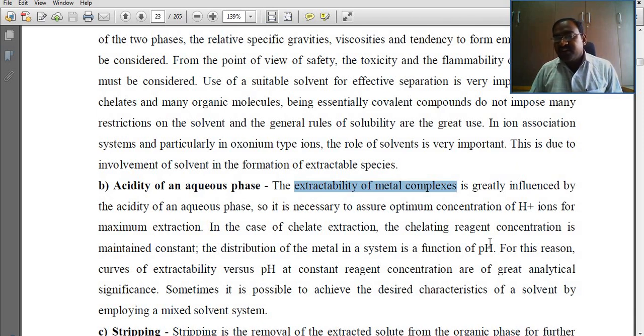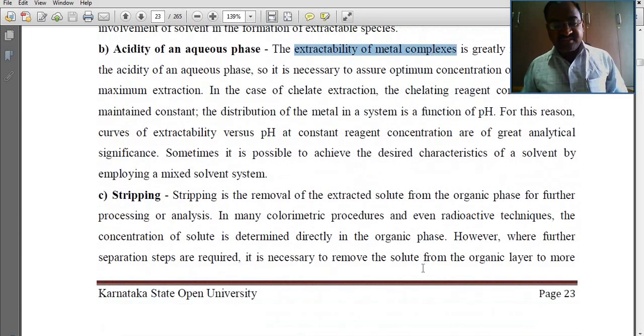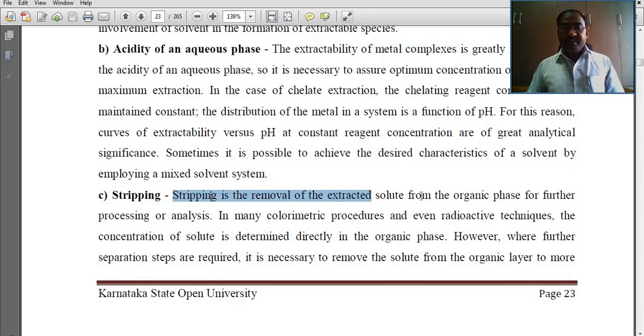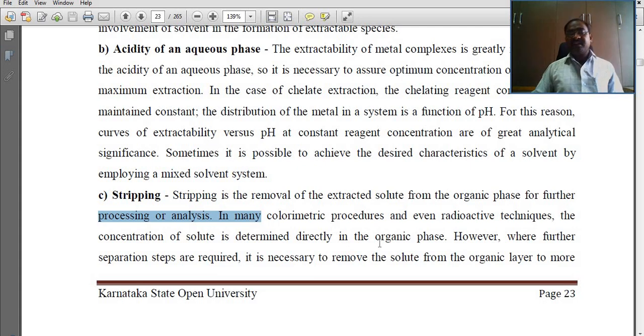So it is necessary to ensure optimum concentration of ions for maximum extraction. In chelate extraction, the chelating reagent concentration is maintained constant. The distribution of the metal in a system is a function of pH. Stripping is the removal of extracted solute from the organic phase for further processing or analysis.